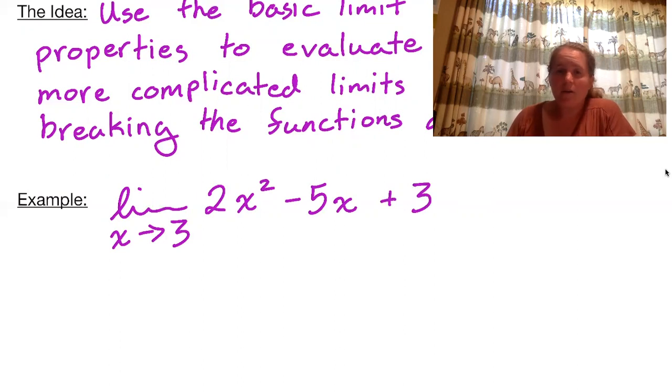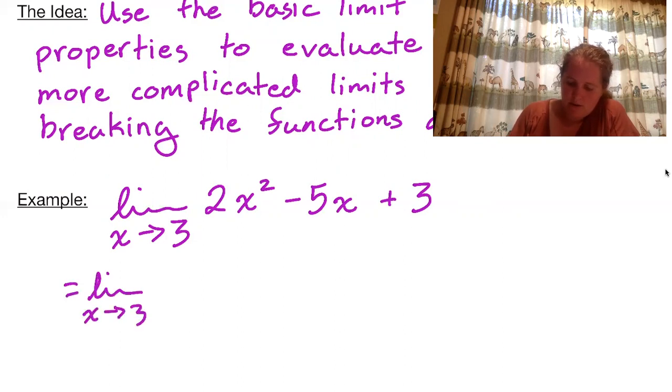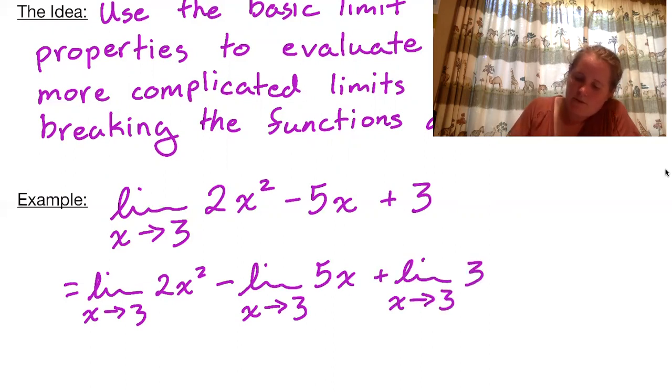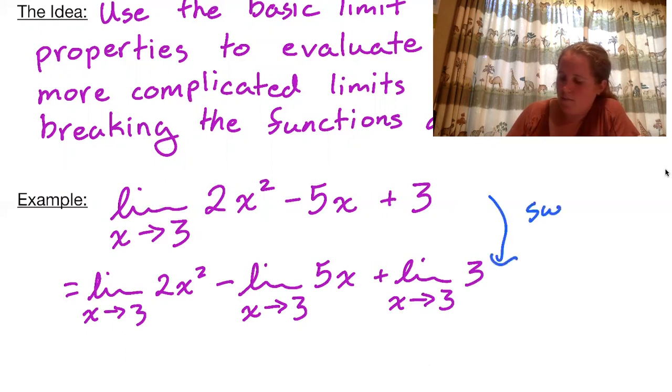So by our addition and subtraction property, this is the limit as x approaches 3 of 2x squared minus the limit as x approaches 3 of 5x plus the limit as x approaches 3 of 3. So this first step, we are using our sum and difference property.